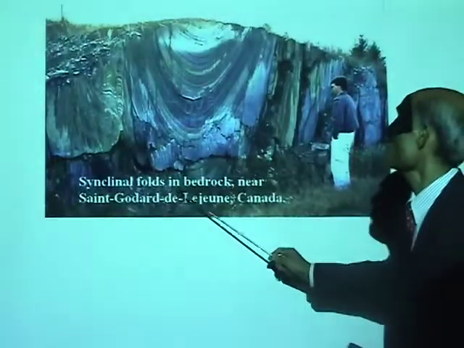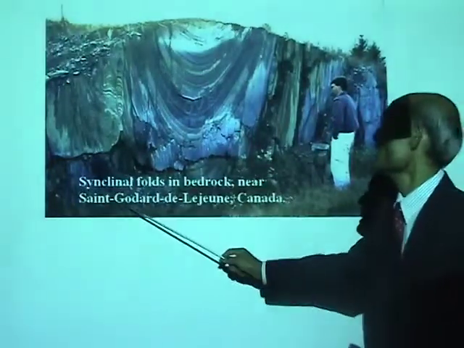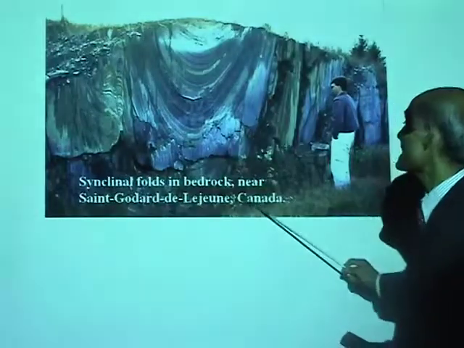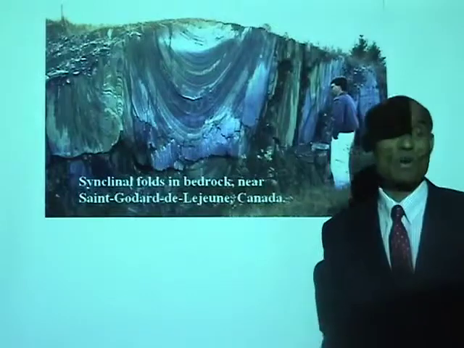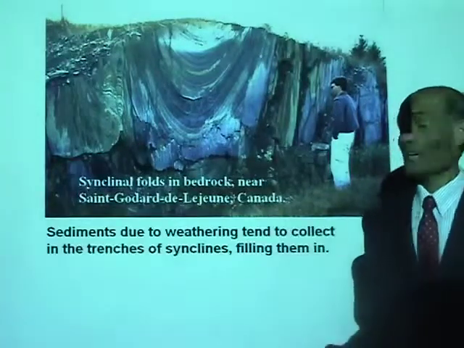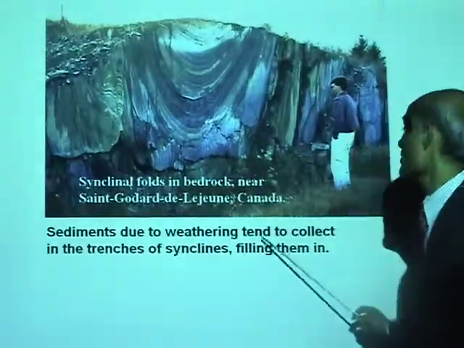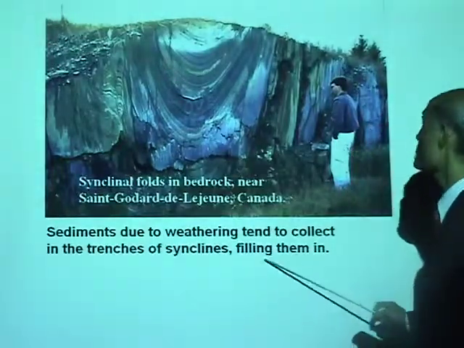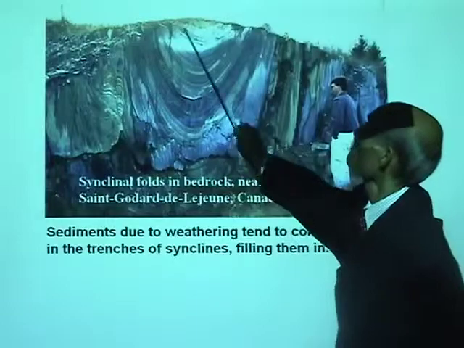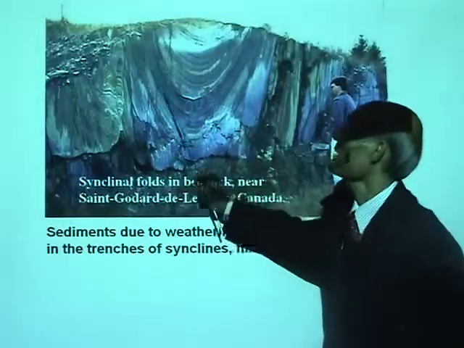Now, syncline falls in bedrock near St. Goddard in Canada. And you can see that's a place where a lot of people go and visit. Sediments due to weathering tend to collect in the trenches of the synclines, filling them in. You can see actually the trenches here have been filled in.